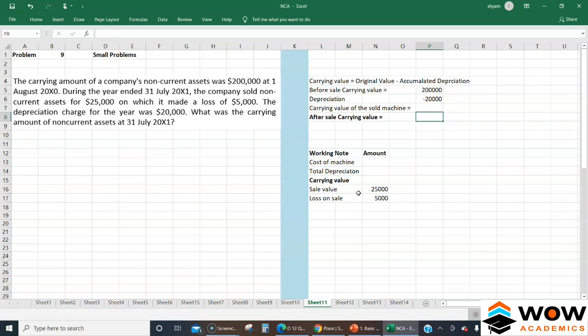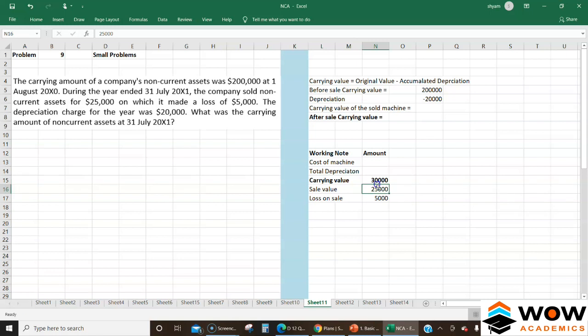Now what would be the carrying value of the sold asset? Some asset has been sold for 25,000, and they have incurred a loss of 5,000. So the asset price would have been 30,000 and it has been sold for 25,000, thereby incurring a loss of 5,000.